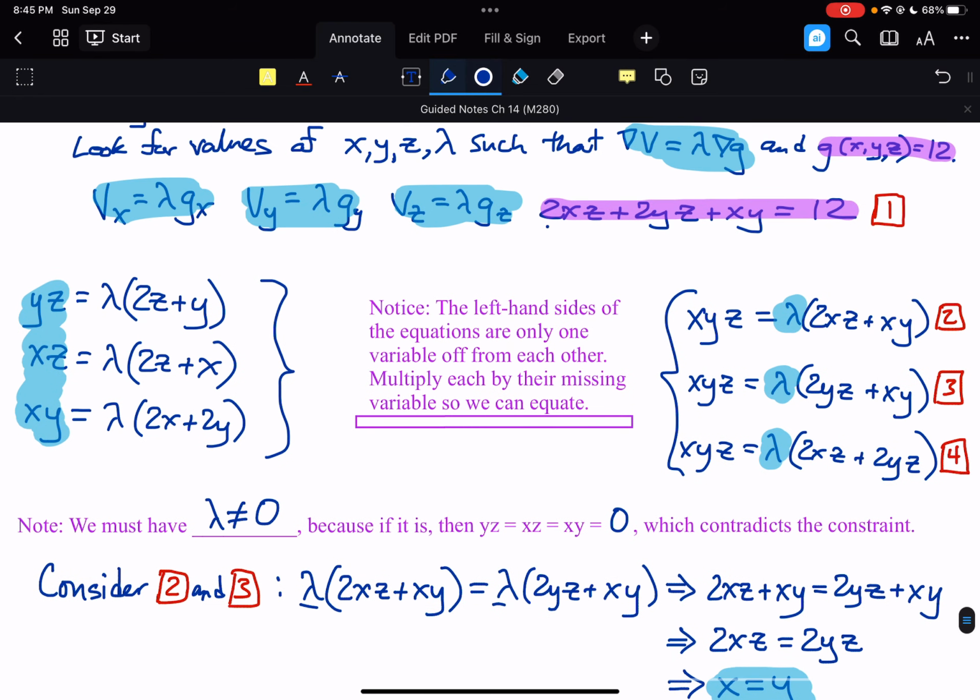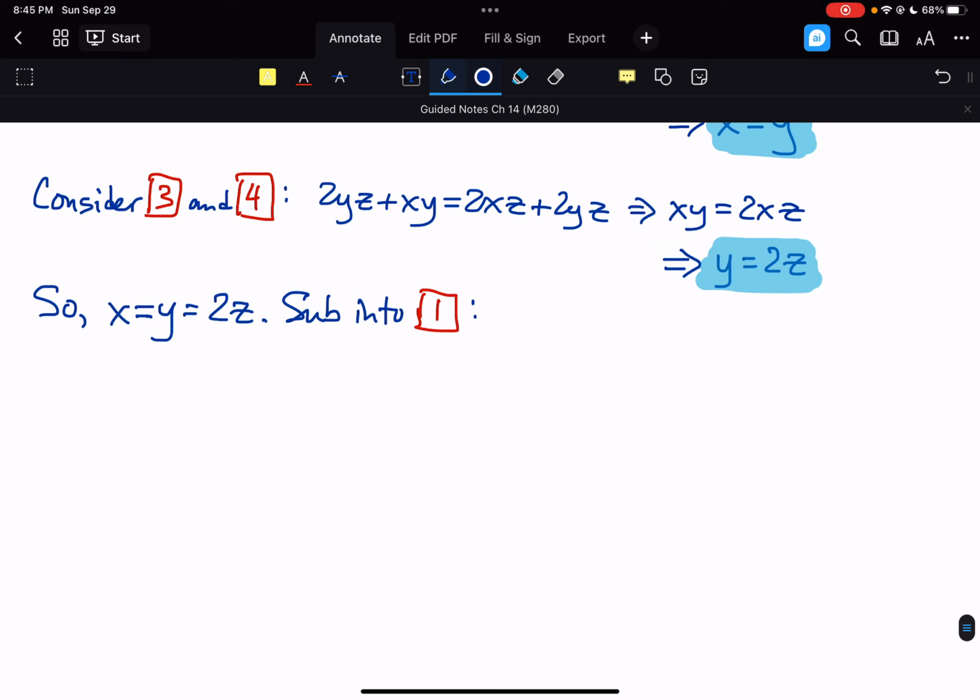That's going to give us 2 times 2z times z, plus 2 times 2z times z, plus 2z times 2z equals 12.